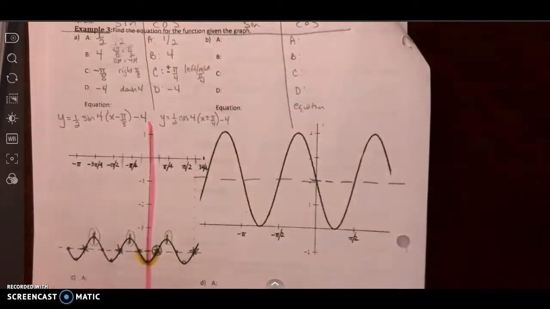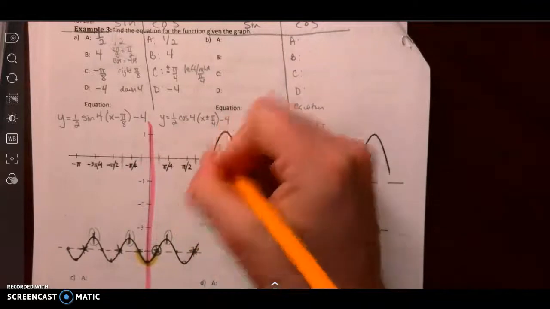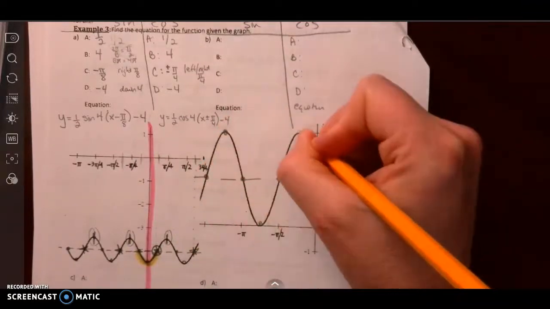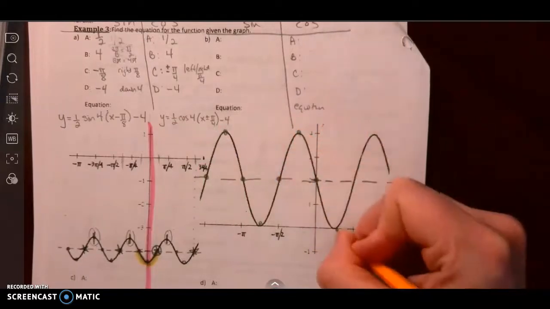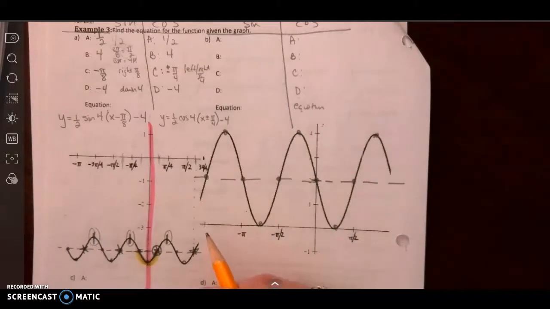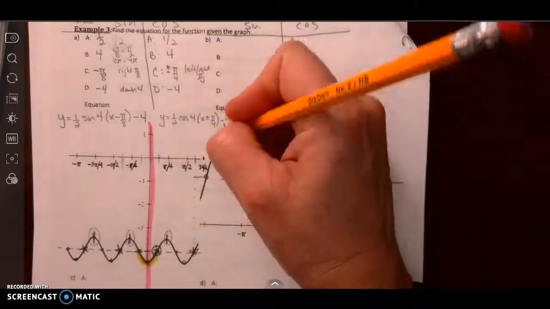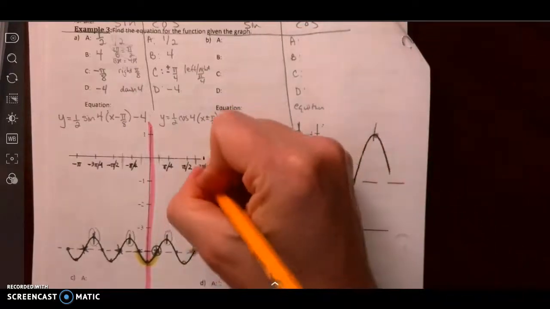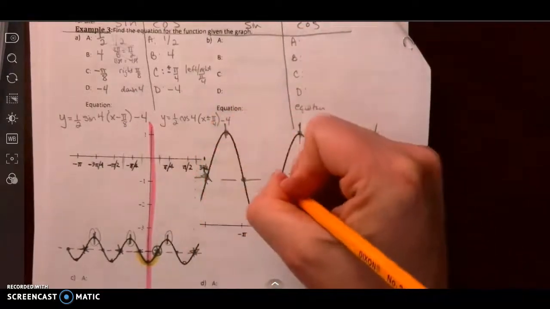Okay. All right. Next thing I'm going to do is draw all my key points. And then my starting points. Remember, for cosine, they're up top. And for sine, they're on the axis, and then they're going up.